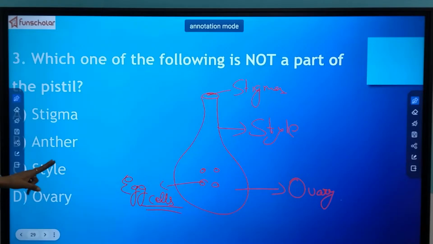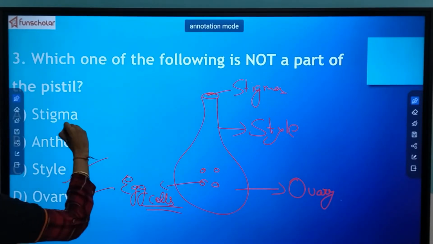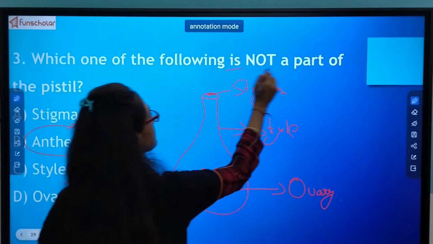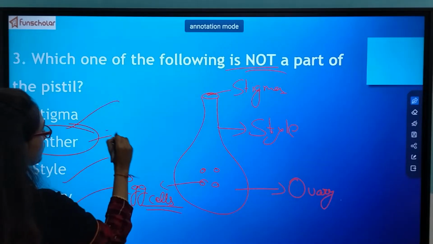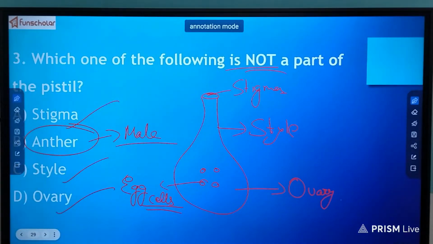So, style is present, ovary is present, stigma is present. So, which is not a part? Anther, because it belongs to the male part of the flower, right? Okay.